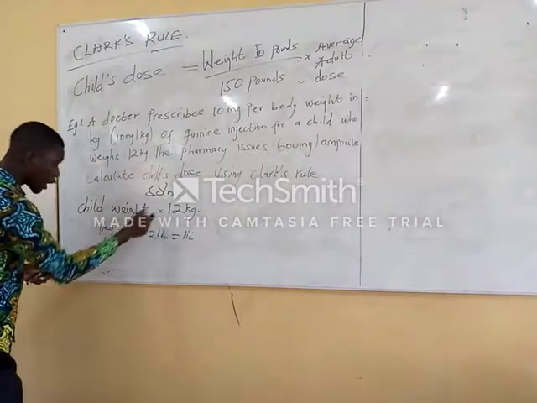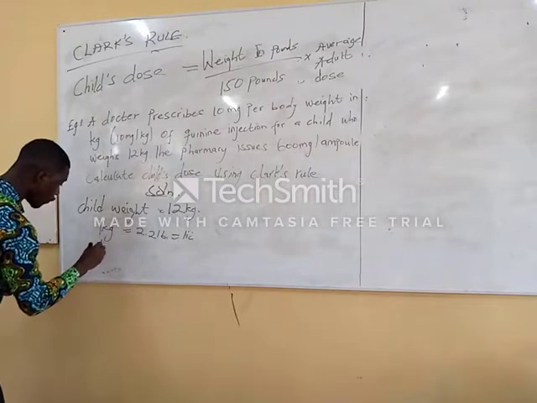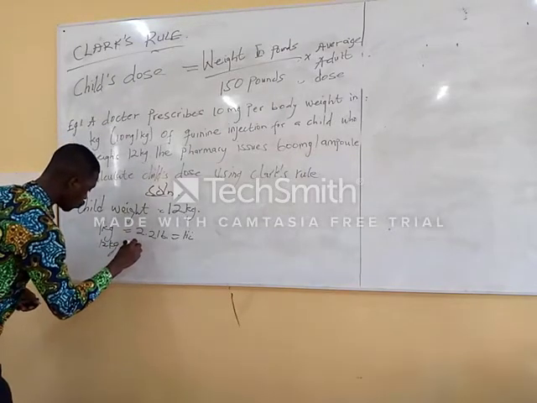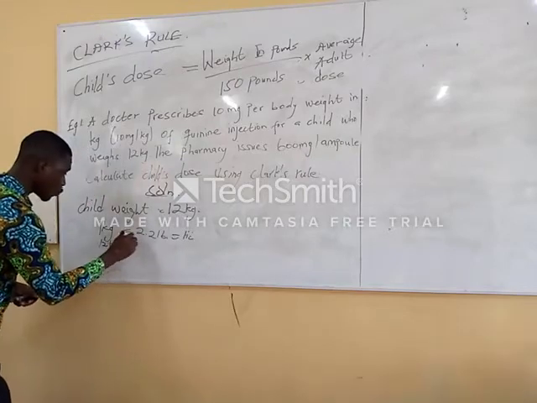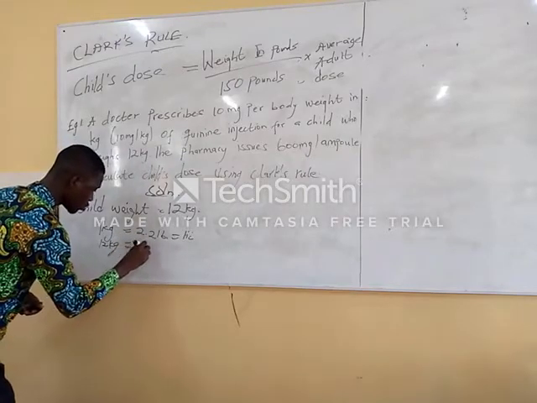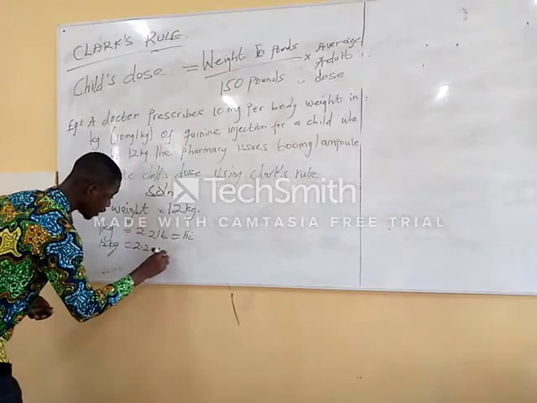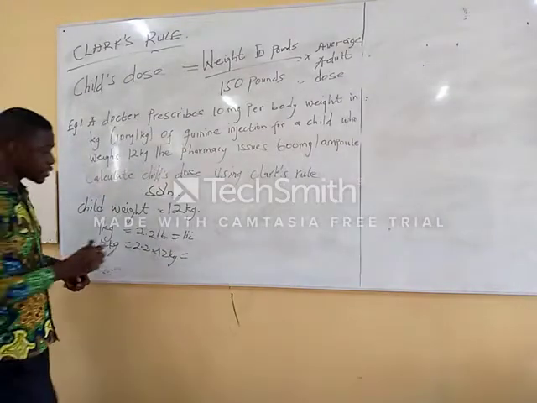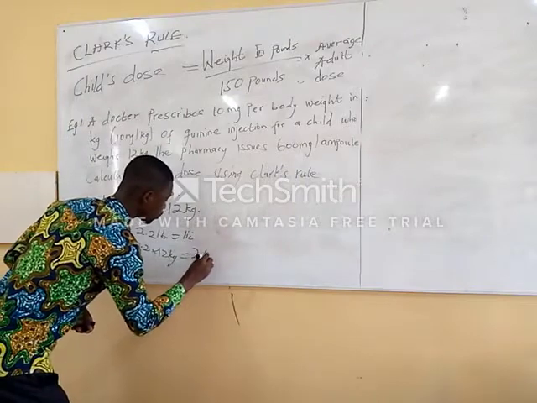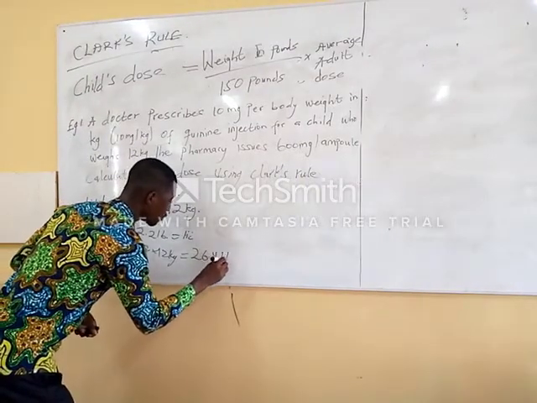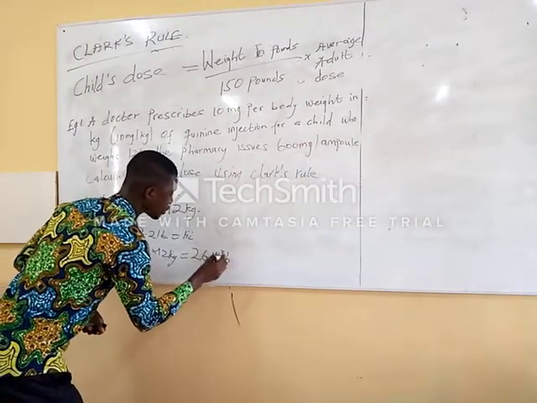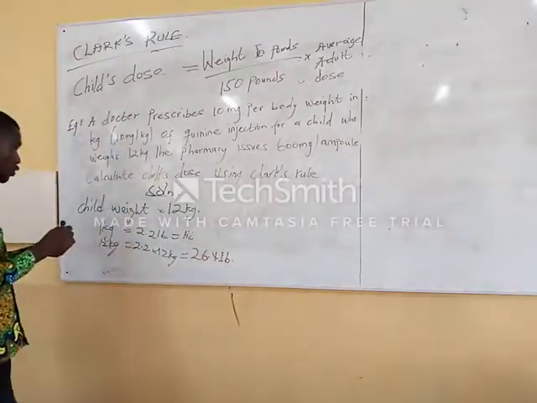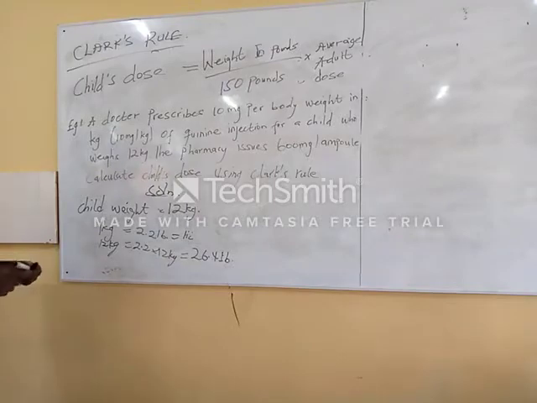So if 1 kilogram is equal to 2.2, then 12 kilograms is equal to 2.2 times 12 kg, which is equal to 26.4 lb, pounds.